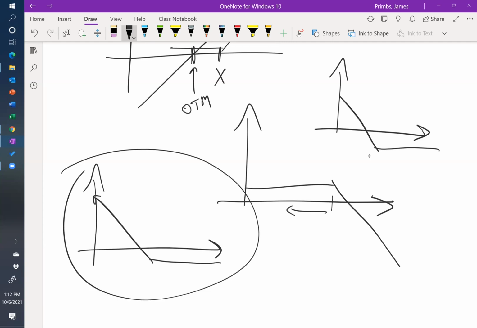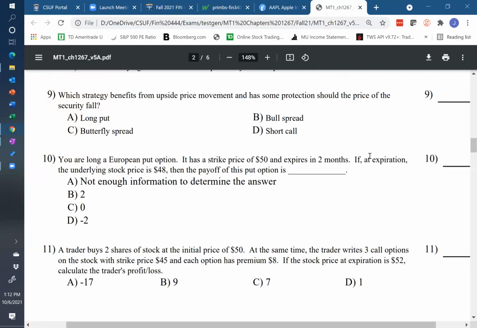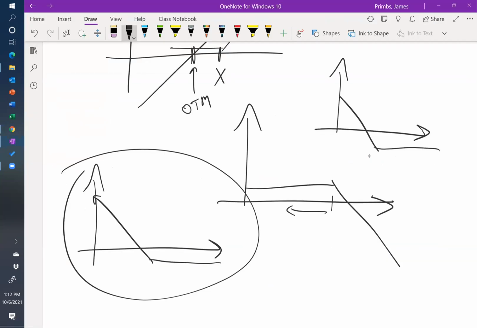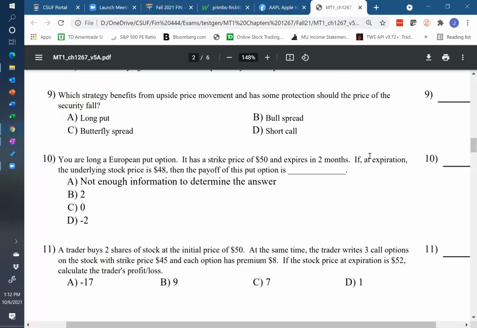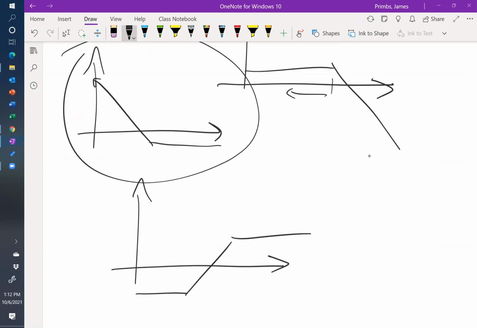So do you benefit from upside price movement? No. I was trying to think, like, do I have this wrong in my mind? Wait a second. Okay. So which one is it? It's the bull spread. So the bull spread looks like this. Are you going to benefit if it goes up? You've got some protection if it goes down.